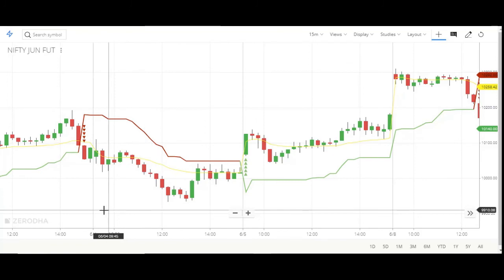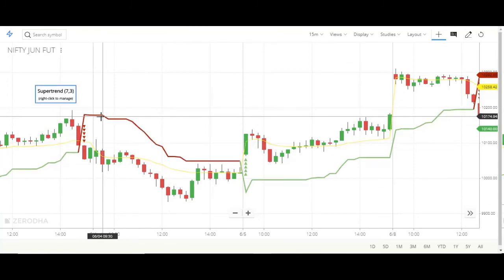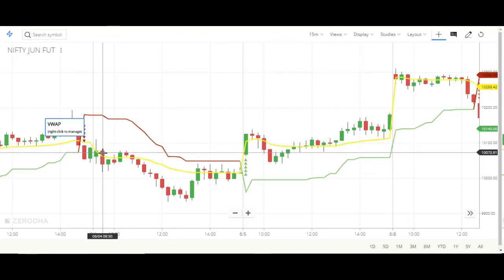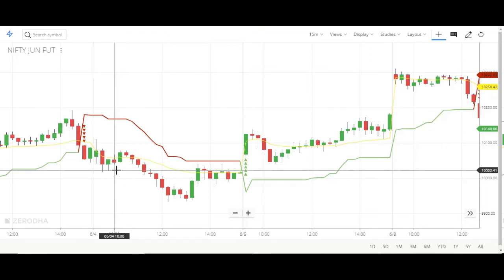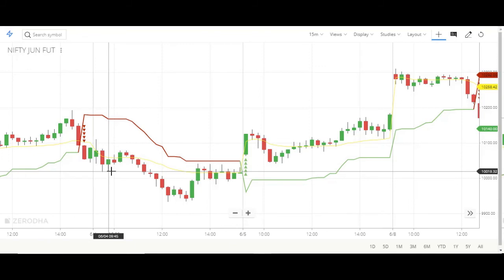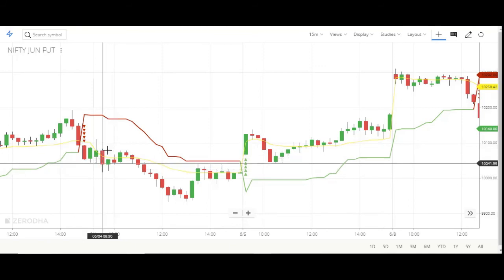Looking at the 4th of June, the Supertrend indicator is indicating the sell side, and a crossover happened from this level. We only need to wait for 2 to 3 candles, and if the breakout doesn't happen for this candle, we'll look at the next candle.